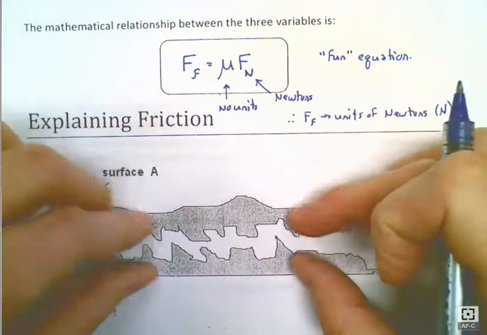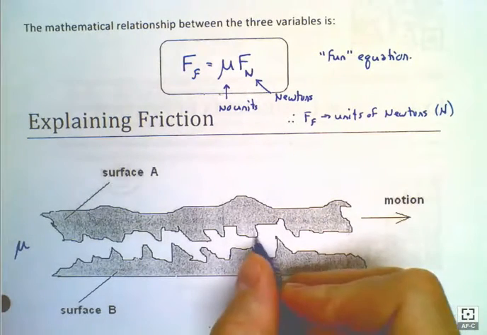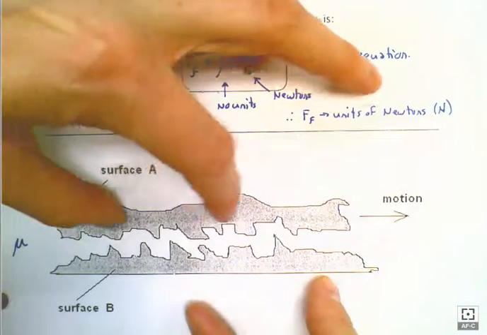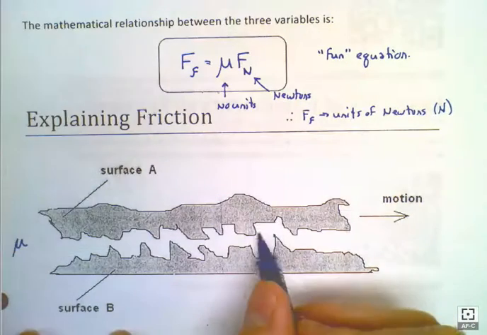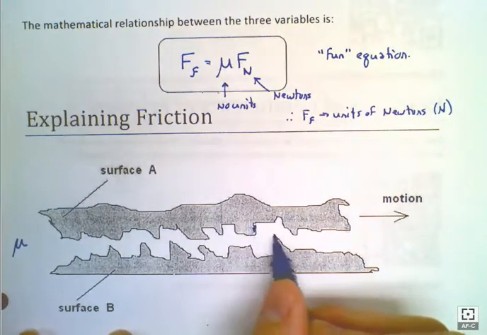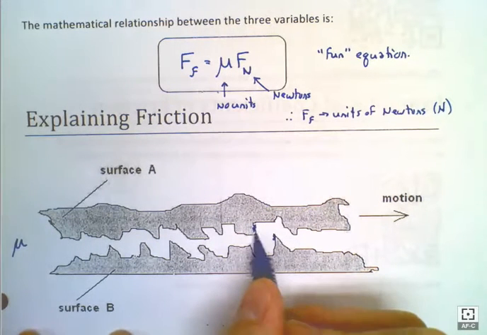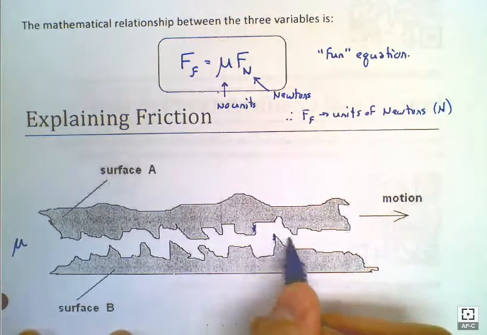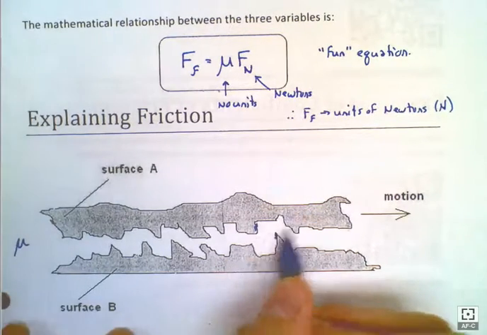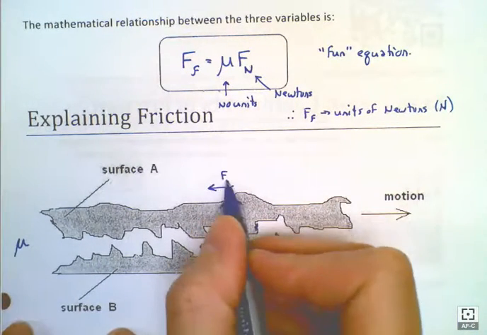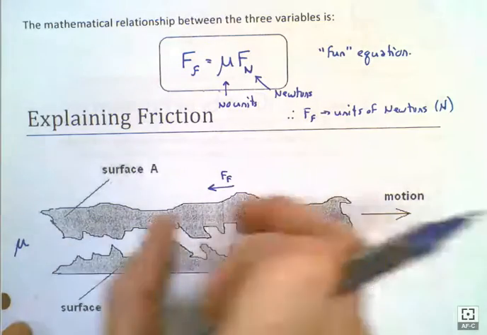As they approach each other, you'll see that these little grooves and grips get stuck on each other. So if you're trying to slide this piece over top, this little edge here perhaps might hit this edge, and even though they don't touch, Newton's third law says that if the repulsive force of this is pushing here, this is pushing back, and you're going to feel a net friction pushing back this way as you try and slide the object over.